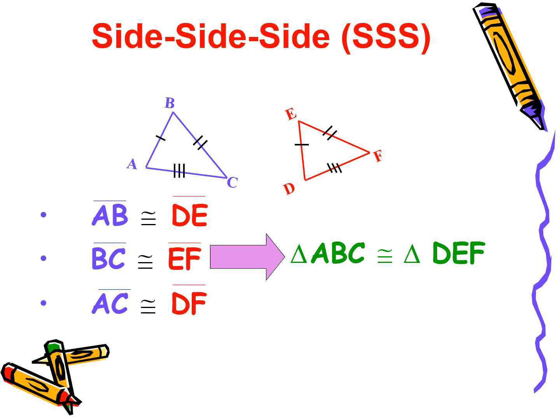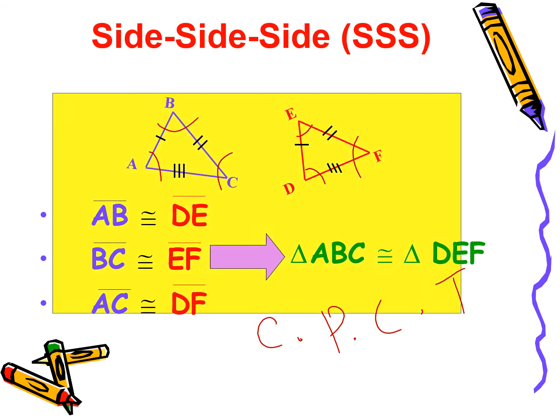That means triangle ABC is congruent to triangle DEF, and the remaining angles, angle A to angle D, angle C to angle F, and angle B to angle E, follow by the concept of CPCT, that means corresponding parts of congruent triangles.